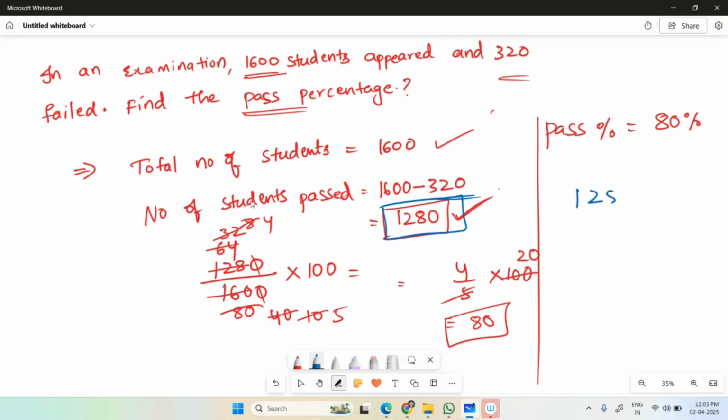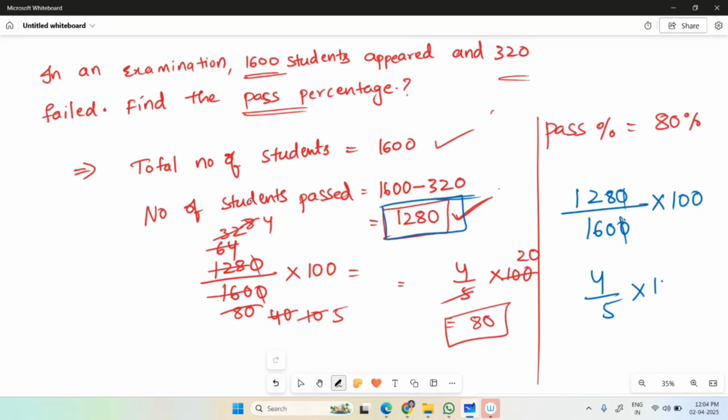Passed students by total students times 100. If we simplify this, we get 4 out of 5 times 100. So again, 5 times 20 is 100, 4 times 20 is 80. This fraction simplification we have already learnt in the fractions lesson. That's why I was speeding up here. Okay, so the pass percentage is 80%. 80% of the students passed.